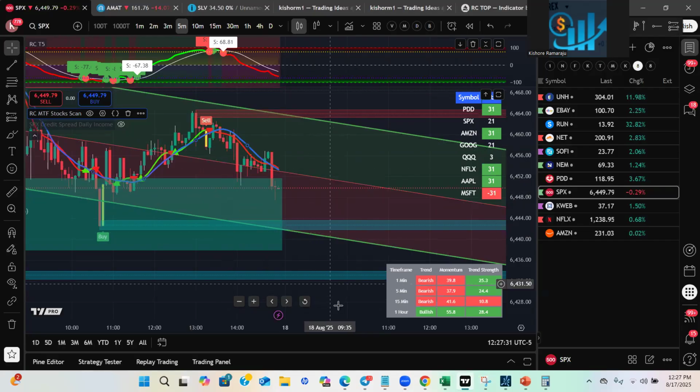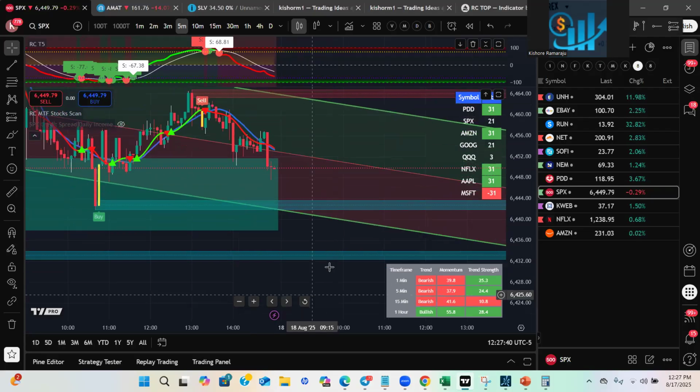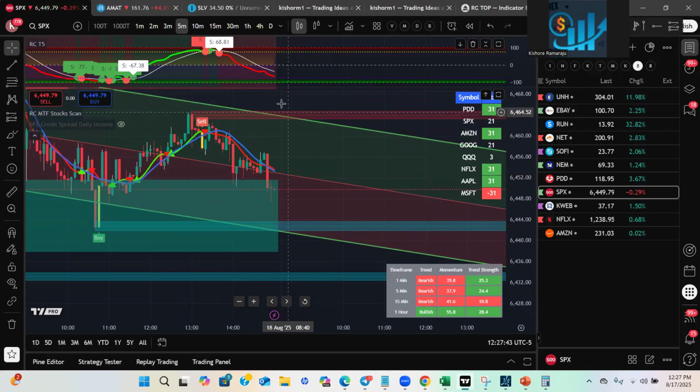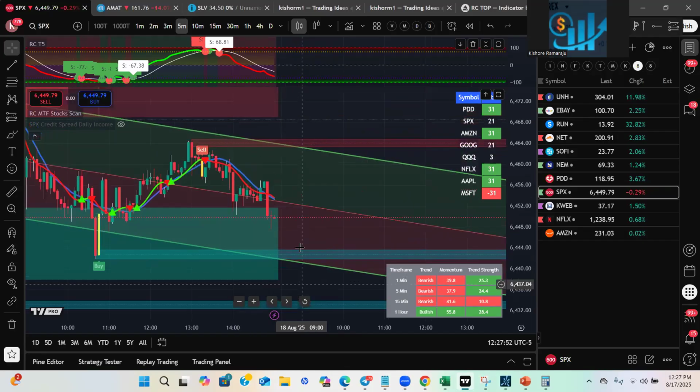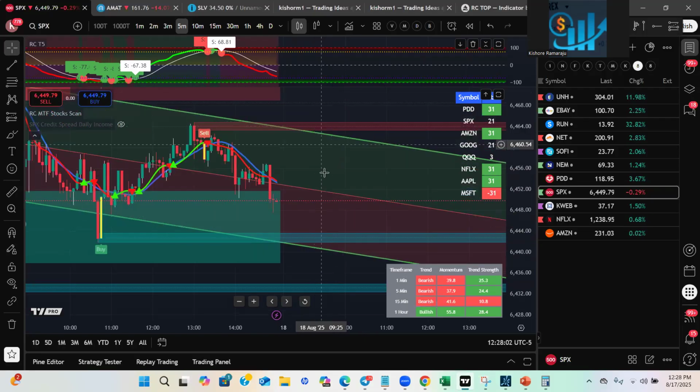If it goes completely down below this support, chances are very less, but let us say it goes all the way down, as long as it stays below this price, all that money is yours. If it stays above this price, all the money is yours. But if it is either going all the way up or going all the way down, then on one of the legs you have to take a loss. But if it stays between this resistance and this support, then all that money is yours.